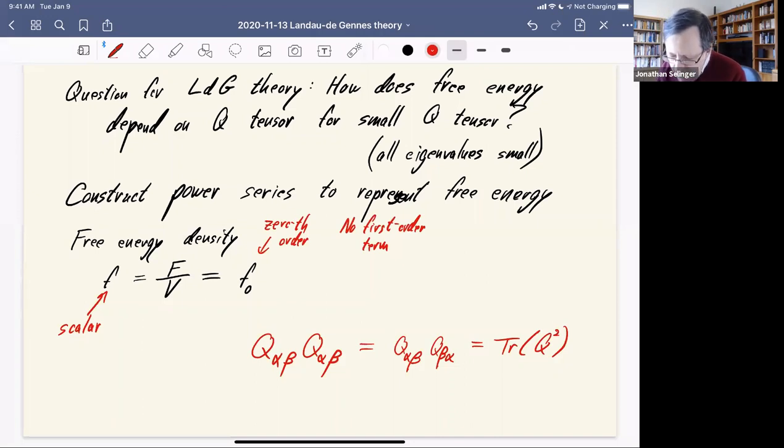So we could say the Landau de Gennes free energy has a second order term that could be some coefficient, which we don't know, times Q alpha beta, Q alpha beta. Okay, so this is second order.